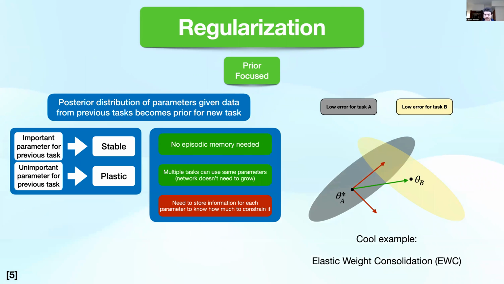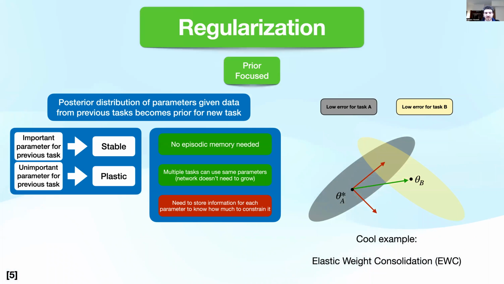Now, with this distribution over parameters, you can estimate things like the importance of certain parameters in your network, and by finding their importance, you can say, I'm not going to let my parameters that were important for prior tasks change too much, but the ones that were unimportant can change a lot. It's another way of tackling what should be stable and what should be plastic.